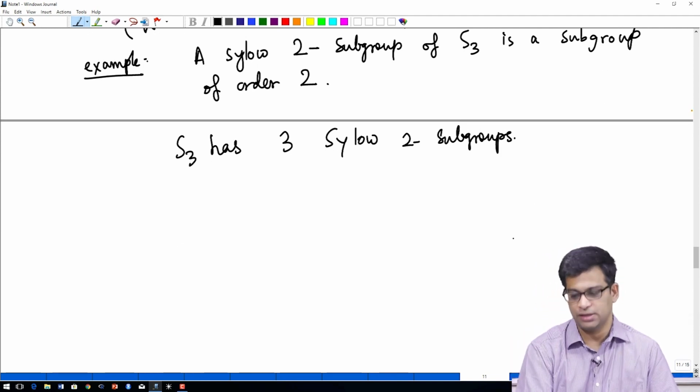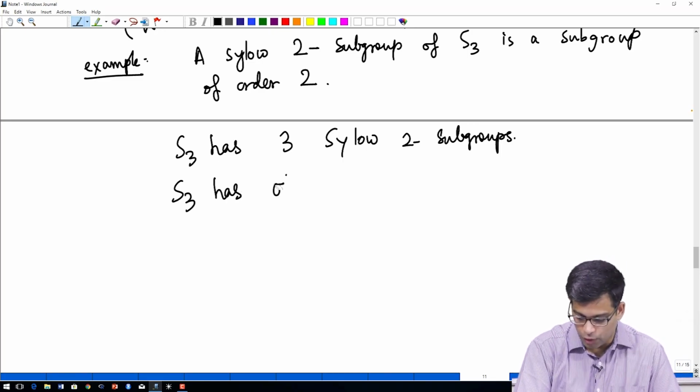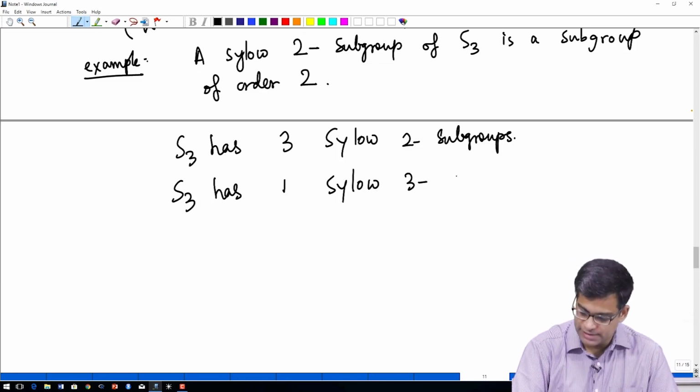So there are 3 Sylow 2 subgroups of S3. On the other hand, S3 has only one Sylow 3 subgroup.